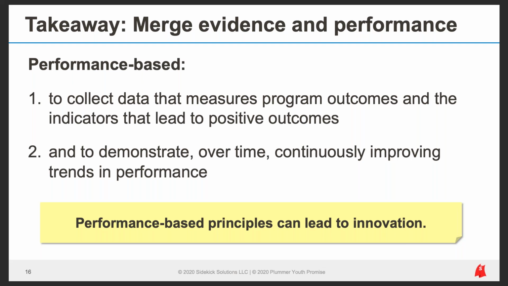So we have found that having this performance-based focus can really help lead to more innovation. And so we kind of feel like we're on a bit of an entrepreneurial endeavor here with a goal to demonstrate our model, and we're building a lot of evidence, and we're using Apricot as our documentation tool to help us do that.